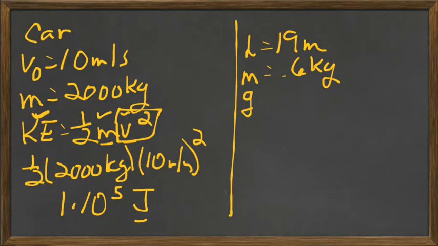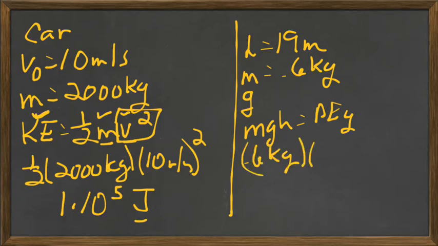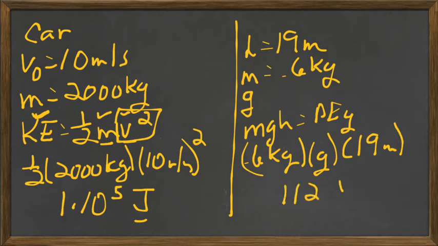Well, being on Earth, I know my value for g, and so I'd go into my formula. mgh is gravitational potential energy: 0.6 kilogram, our value for gravity, 9.81 meters per second squared, 19 meters of height, and I get 112 joules.